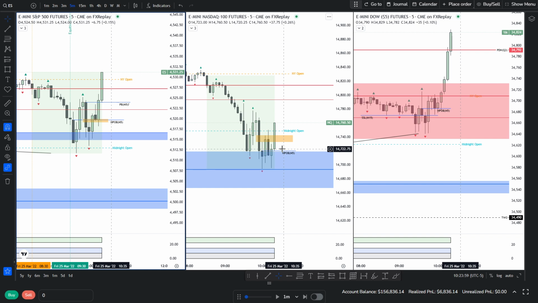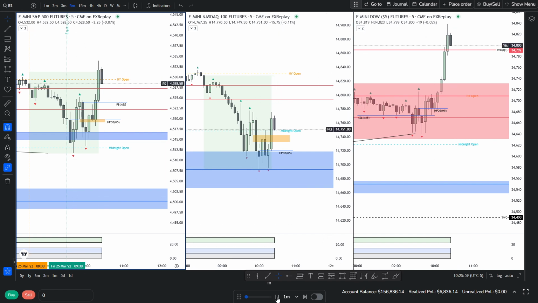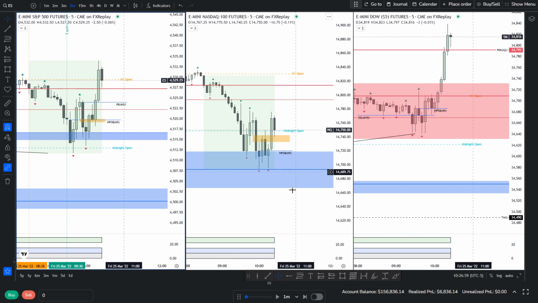Seems real Friday-ish price action. Well, let's see what happens. Hasn't confirmed this yet.